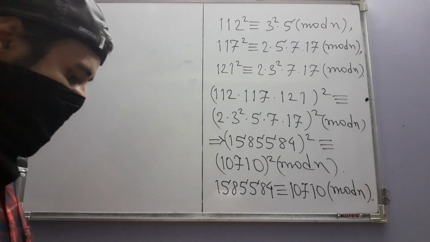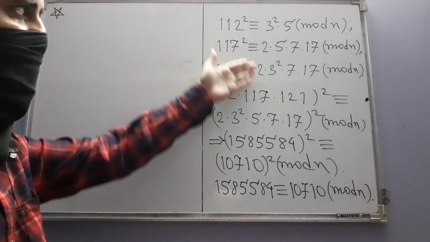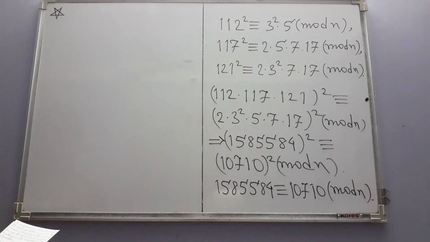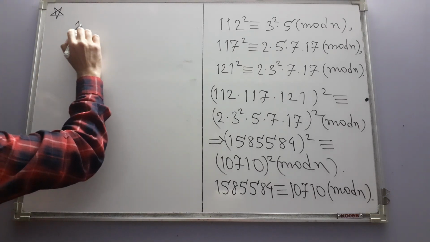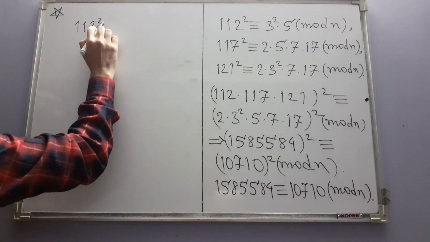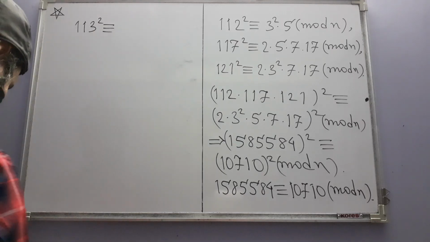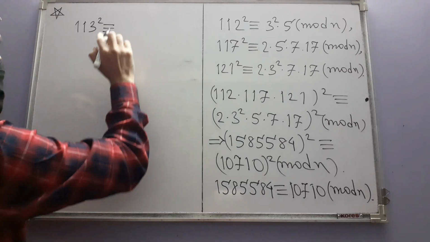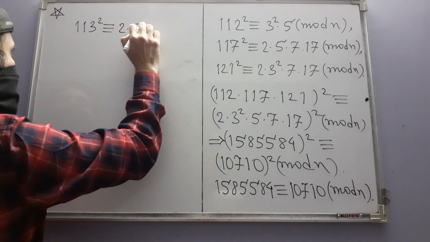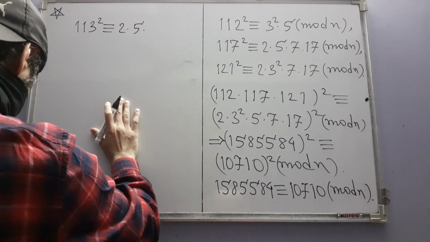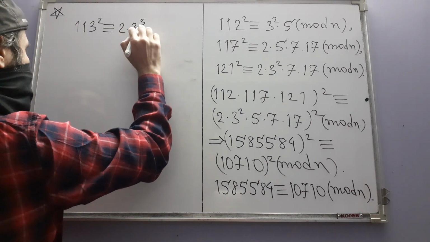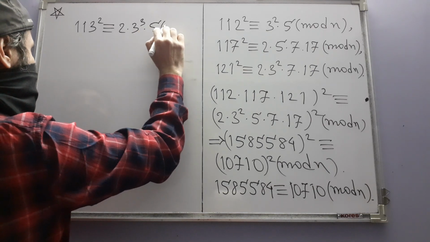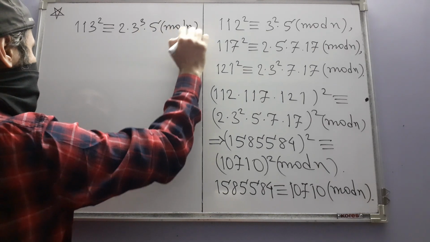Other equations means other congruences, just like we got these congruences, one can also get these congruences instead. 113 square is congruent to 2 times 5 times 3 cube mod n.